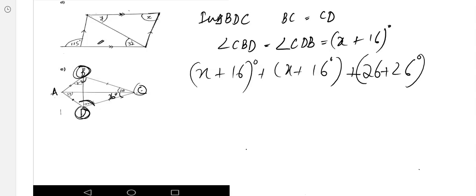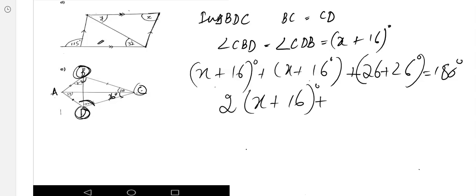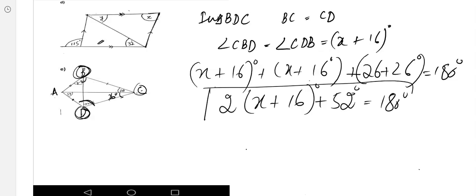It is comprised of 2 adjacent angles equals to 180 degree. And X plus 16 and X plus 16, we can write it as 2 times X plus 16 plus 52 equals to 180 degree. By solving this equation, you can easily find out the value of angle X. I hope you can solve it, because I have solved the equation for triangle ABD.